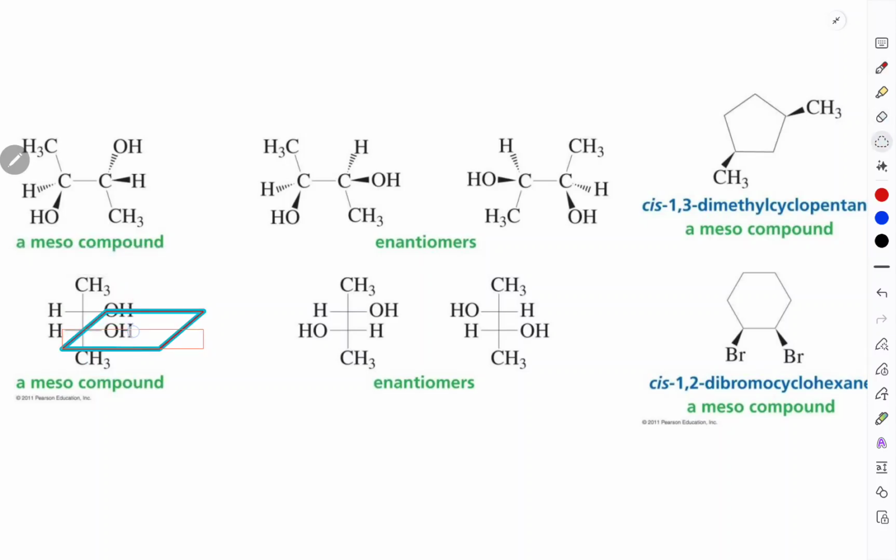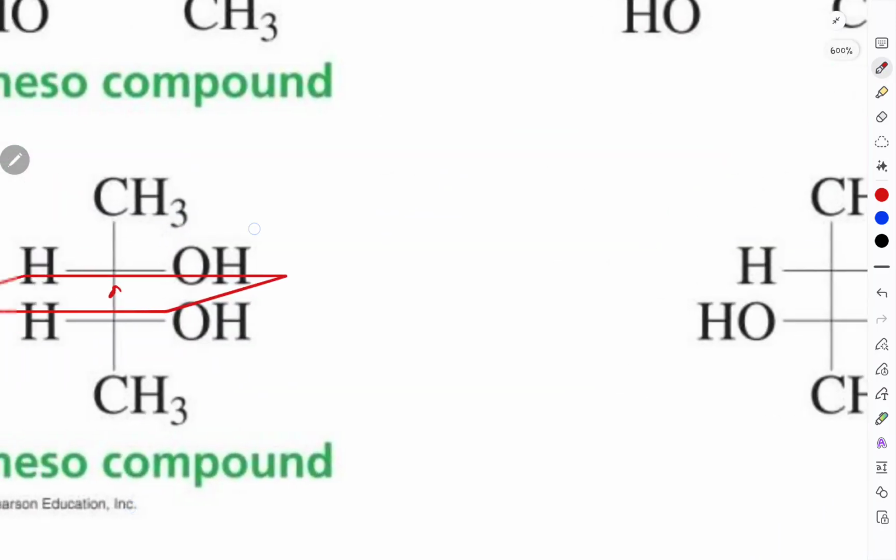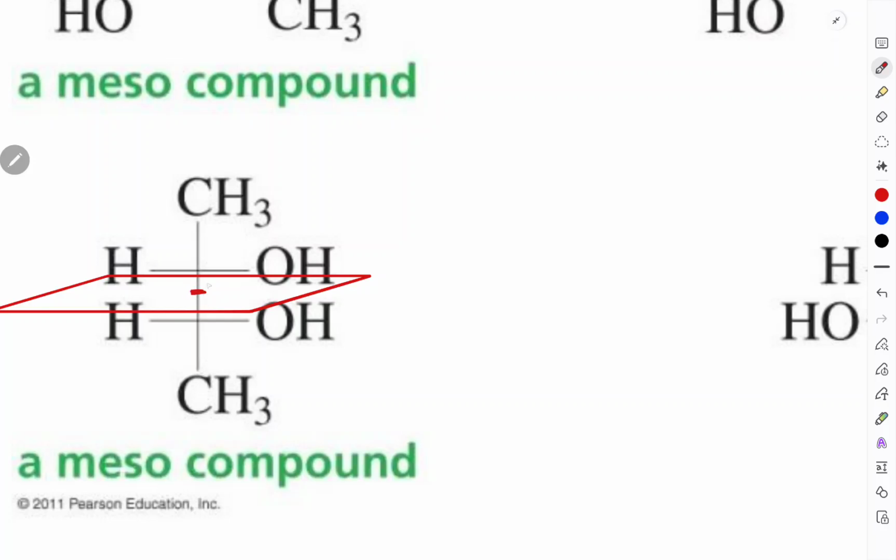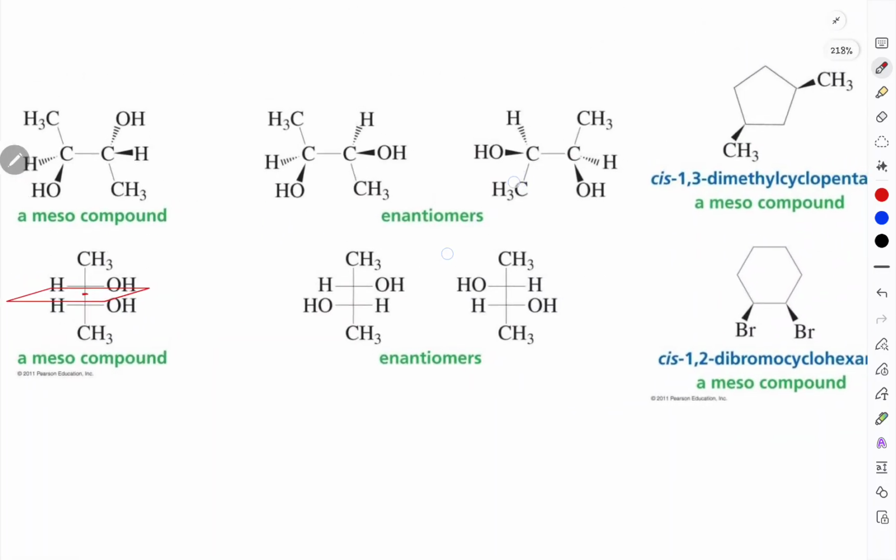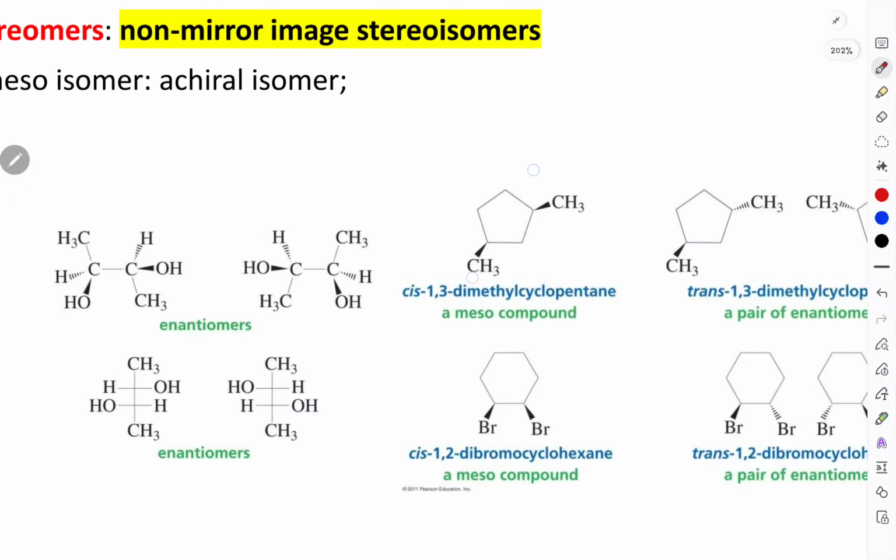Right? And this is again the cyclic compound, the exemplary case. And you can think about whether this has the internal plane of symmetry here and there. Right? That's why this is a meso compound. But in this case, you don't have an internal plane. Right? This methyl and this methyl cannot be the mirror to each other.